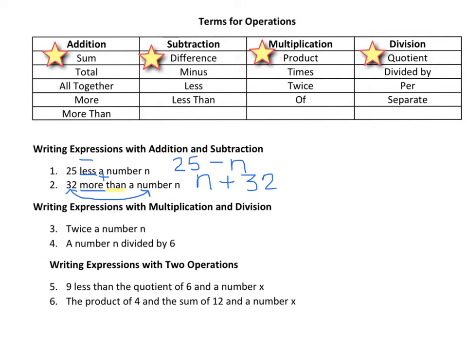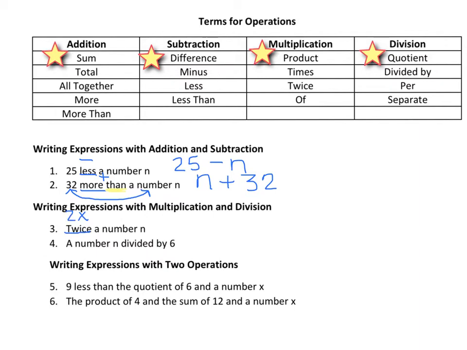Now we are going to write expressions with multiplication and division. Number 3, twice a number n. Underlining the word twice because that's our operation. So if we look up top, that means multiplication, but the word twice gives us extra information because it's not just multiplication, it's also 2 times something.